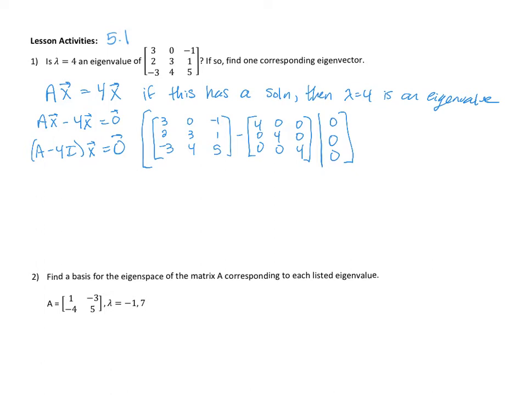Okay, so this equals, I'm just doing the subtraction here, no row reducing yet. 3 minus 4 is -1. And then 2, -3, 0. 3 minus 4 is -1. And 5 minus 4 is 1.